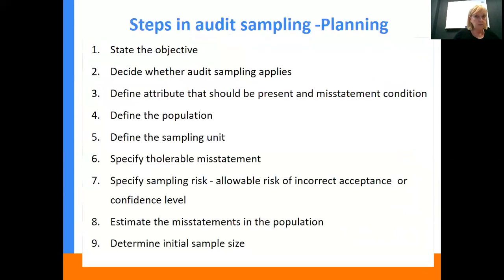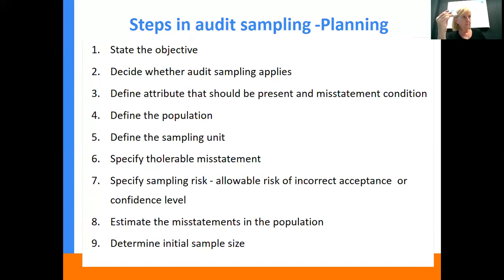So we've got our steps in audit planning. We need to state our objective, decide whether audit sampling applies, define the attribute that should be present, etc. So I've already said the objective is to check the accuracy of the claim that there are 100 clips in each box.